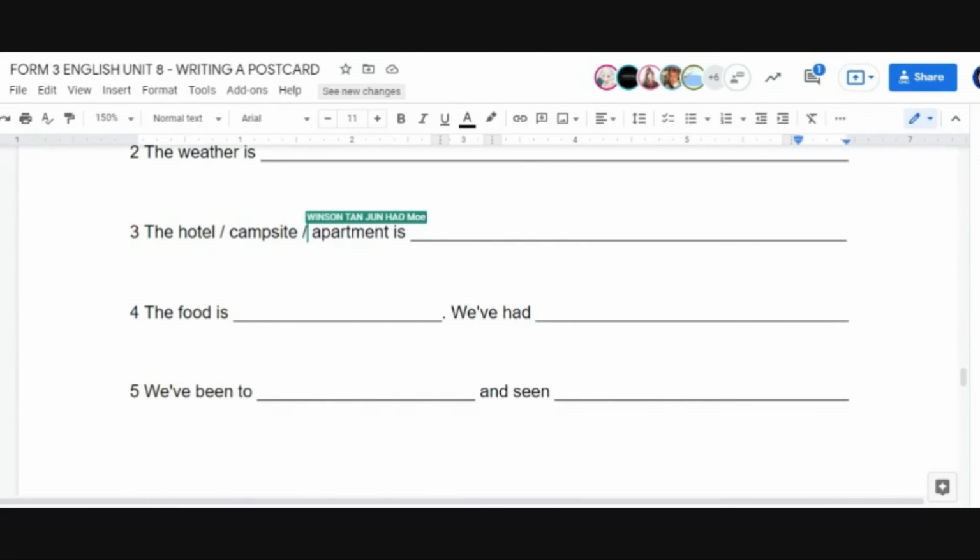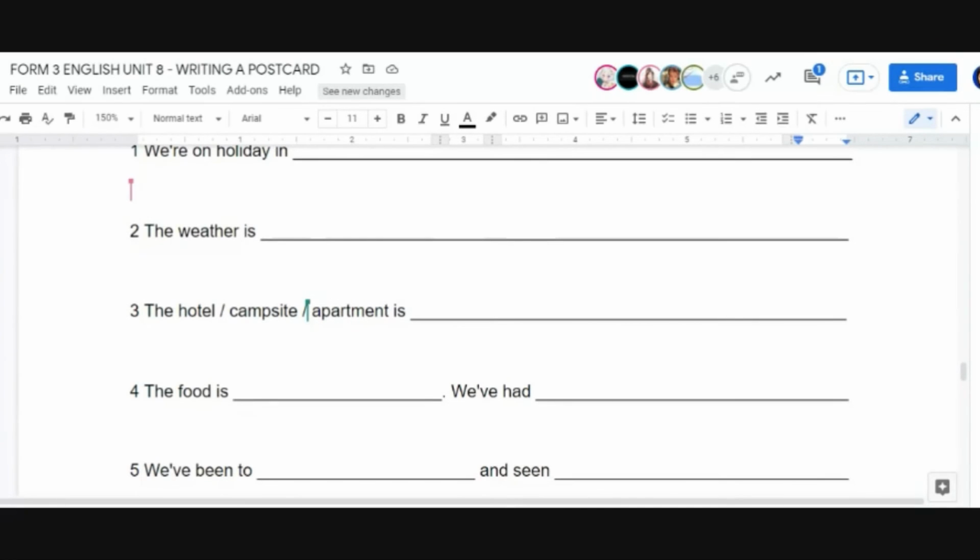Okay, we've been to the famous Eiffel Tower and seen many romantic couples dating there. Okay, so where have you been to? It must be a famous place there, and seen, what do you see in that place? Understand? Okay. All right, I will assign 5 students to do this.